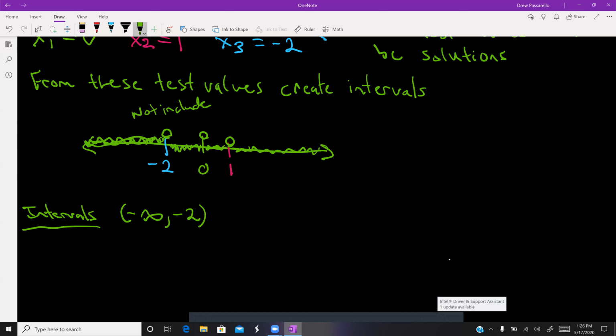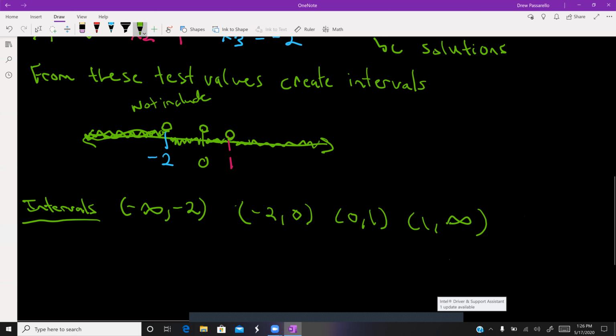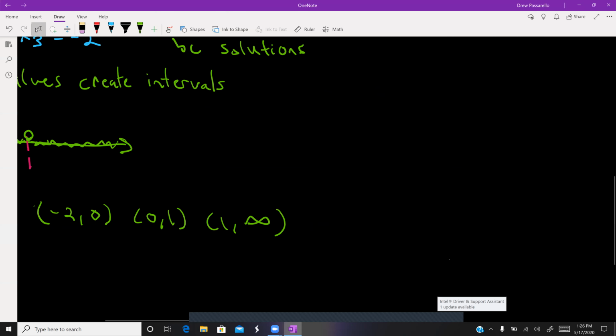I can also have between -2 and 0, and then I can have between 0 and 1, and then the last I can have 1, and then everything to the right of 1. That's 1 to positive infinity. All right, these are my possible intervals that can be part of the solution.